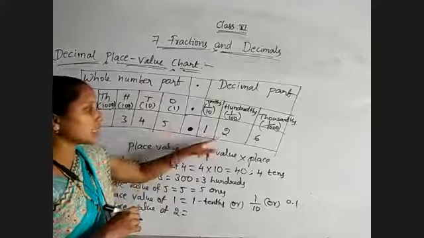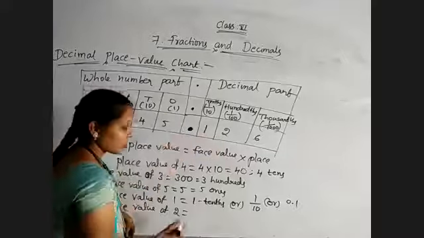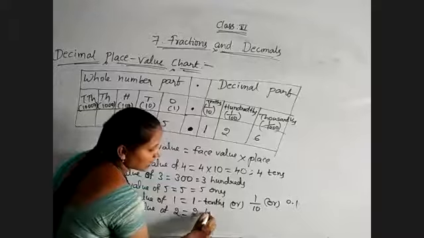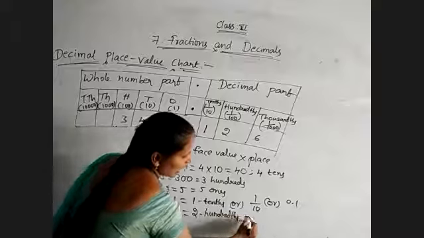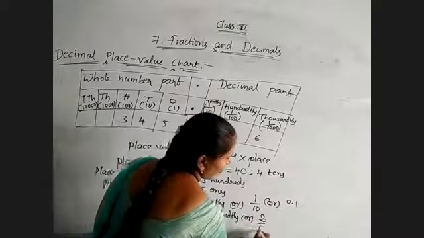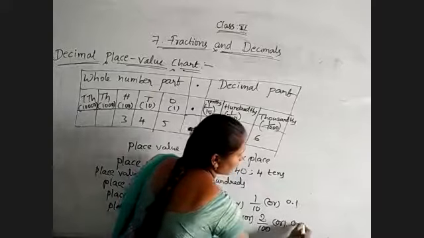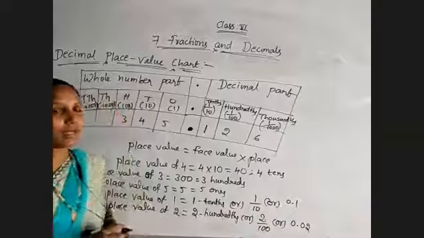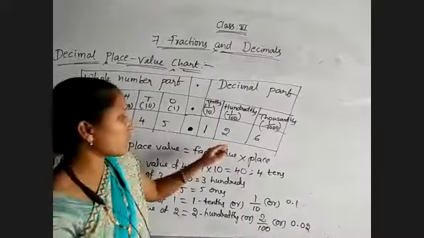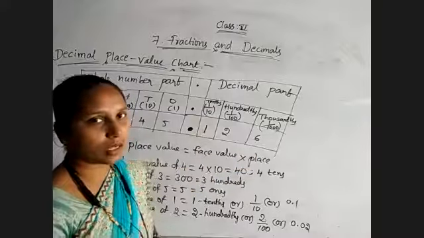Means its place value will become 0.02. So that is 200. 2 is in hundredths place in words. In fractional form 2 by 100 and in decimal form 0.02. Two zeros are there, so before 2 digits we will get the point. Like that only for 6 also. What will we get? 0.006. Okay.